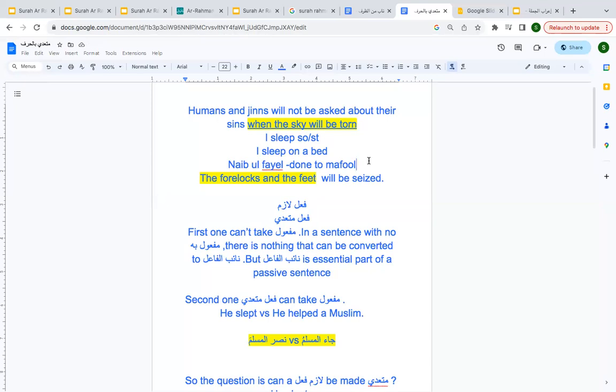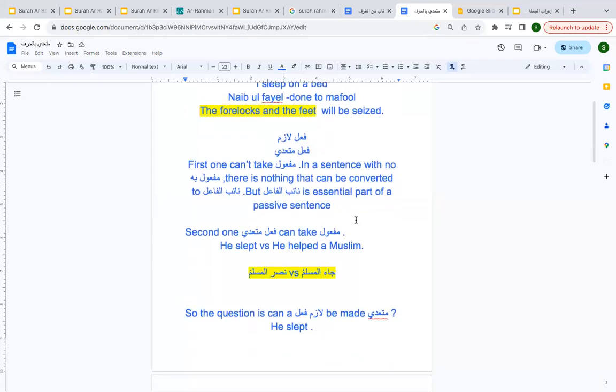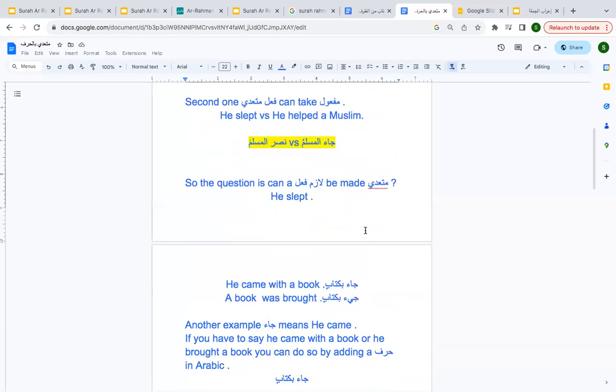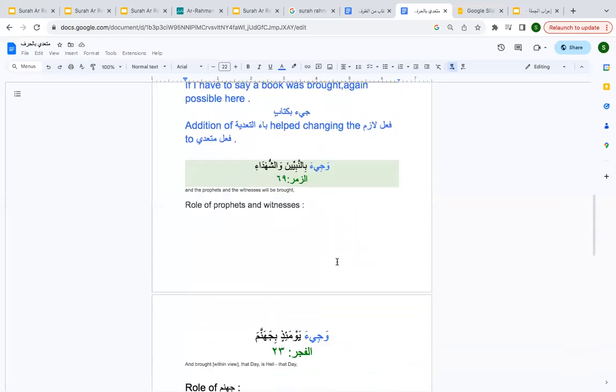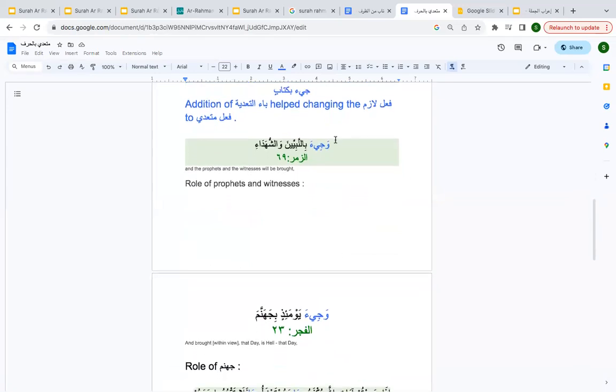It's acting like a fa'il, but it is not in actuality a fa'il. When I say the Jahannam will be brought, is Jahannam the doer of an action? It is a done to. It is a maf'ul, right?